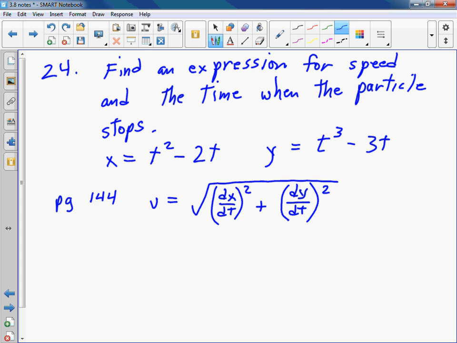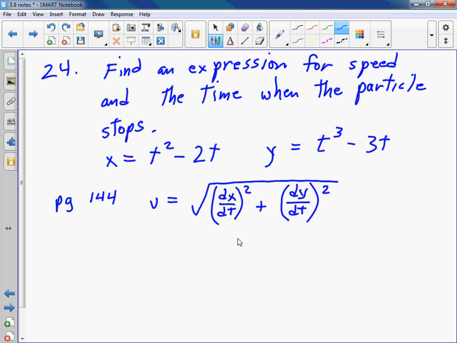Now, notice, once again, it's just a Pythagorean theorem, again, in a different form. This first part is the x component, and the second part is the y component. And velocity, of course, is a vector, speed with direction. So we can use that.